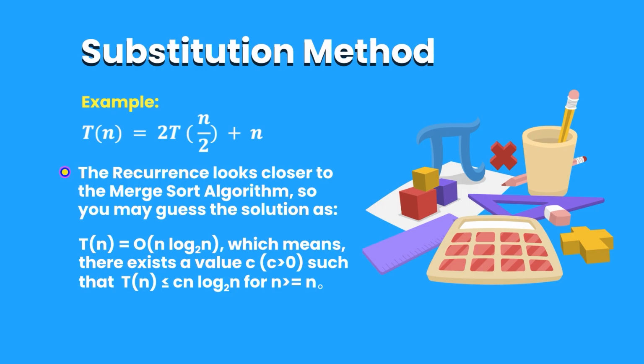Please note this point. This is the meaning when we are dealing with the order. C is greater than 0 such that T(n), the value of the function or the complexity, is less than c n log n for n greater than or equal to n0.